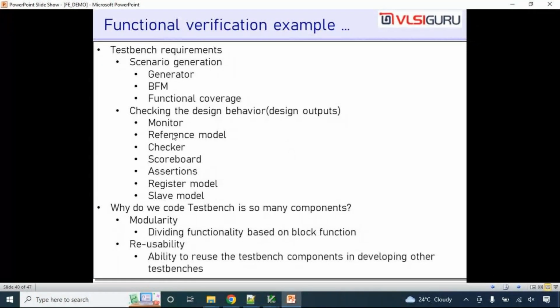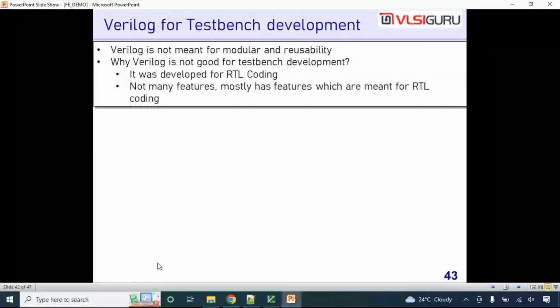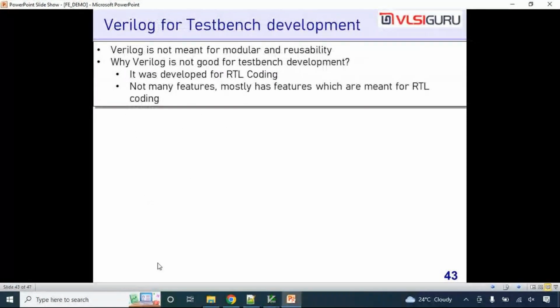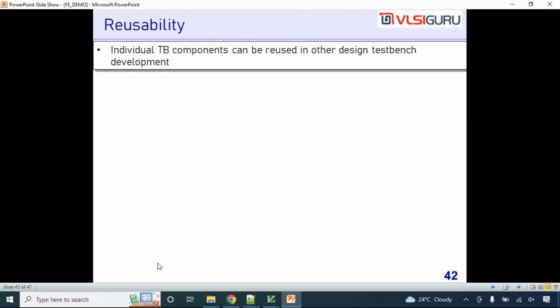Then we realized that people don't really understand much, because most of the people who come for this demo session are freshers who don't have any prior knowledge, in many cases not even Verilog. Then I start explaining modularity, reusability, a lot of other advanced concepts, and they don't understand much. So hence we started keeping the demo session basic, with what is really required for you to know.